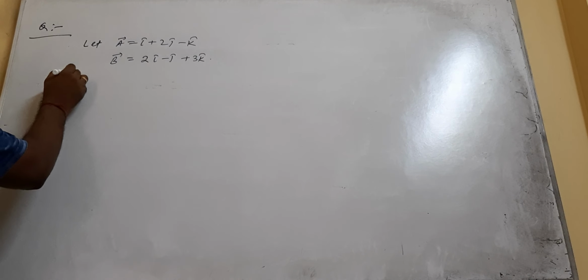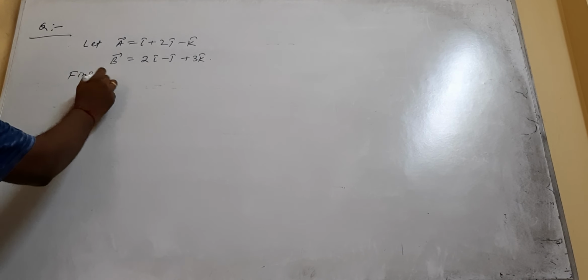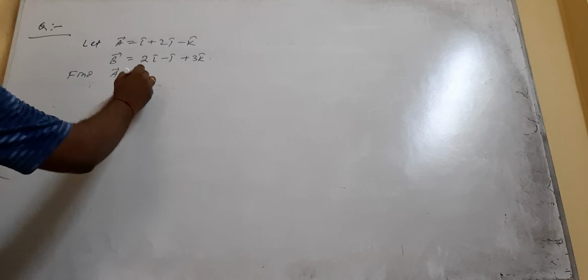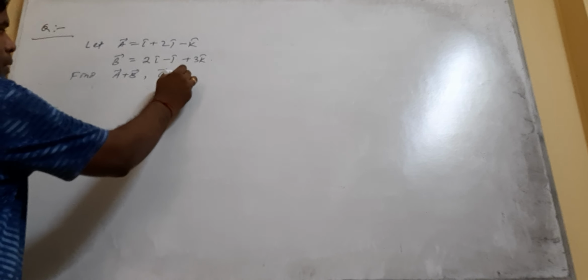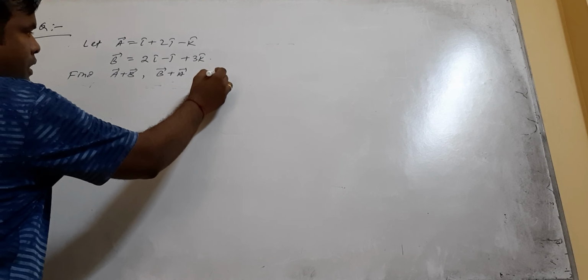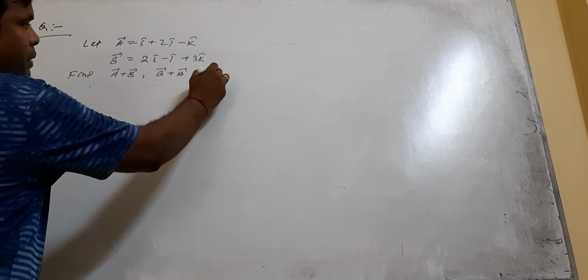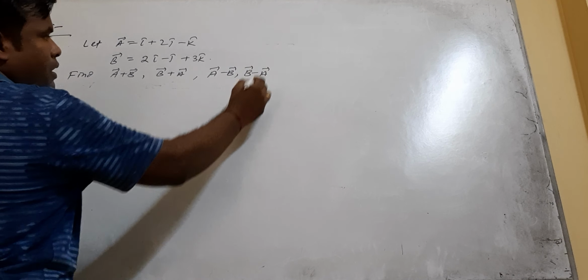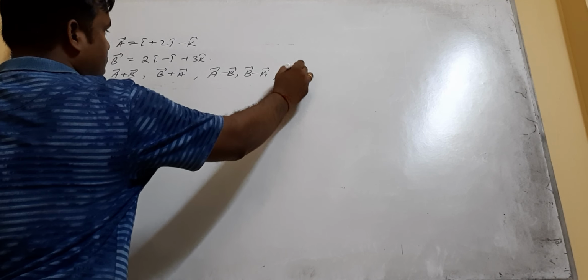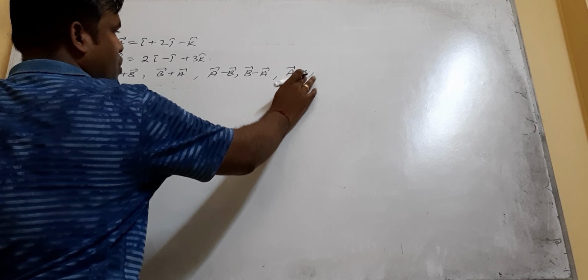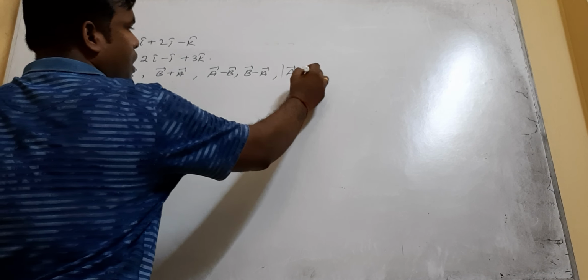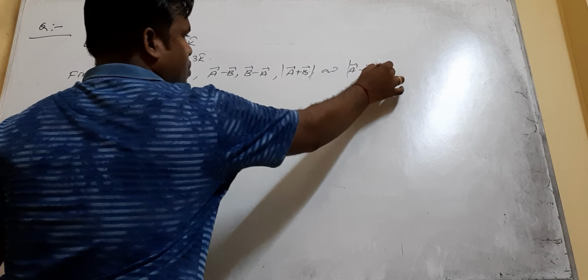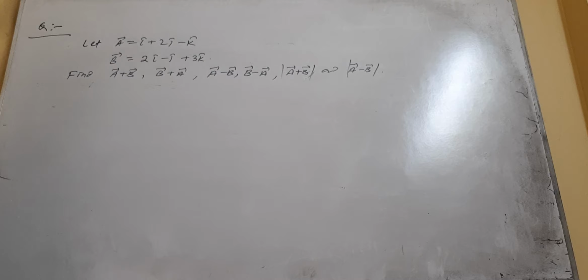Then find a vector plus b vector, b vector plus a vector, a vector minus b vector, b vector minus a vector, the a vector plus b vector magnitude, and the a vector minus b vector magnitude. How can we find it?